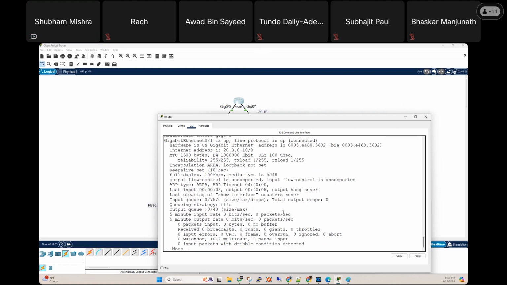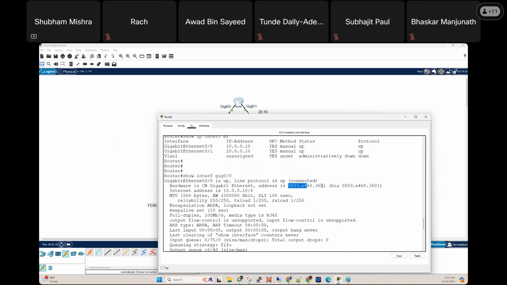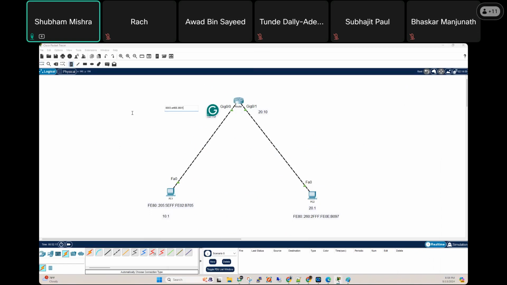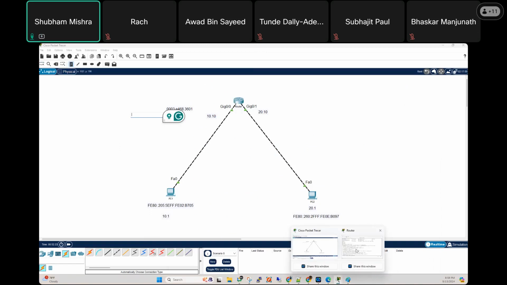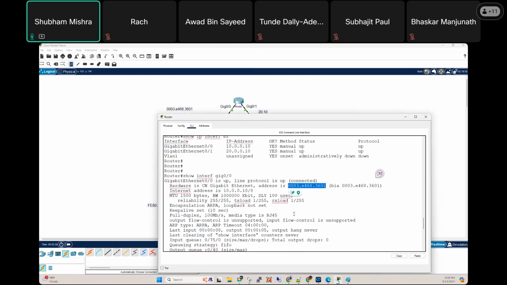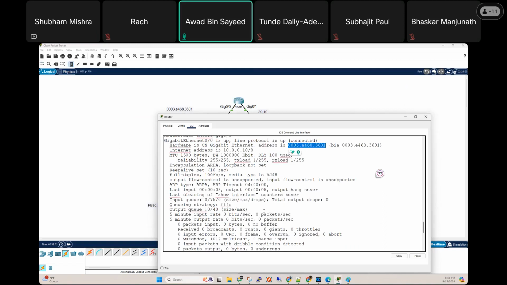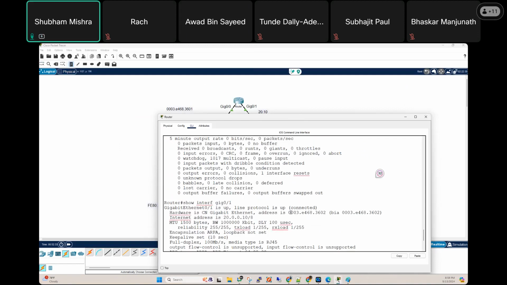Zero by 1 is 3602, and 3601 is important for 0/0. What did I copy? 3601. 3601 is for 0/0, and for 0/1 it is 3602.